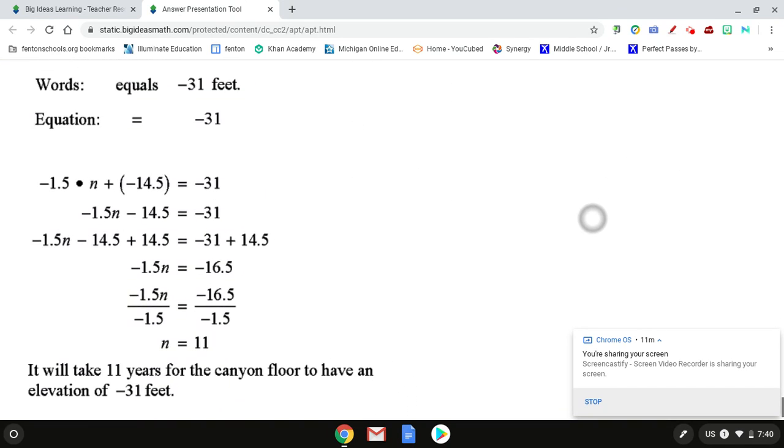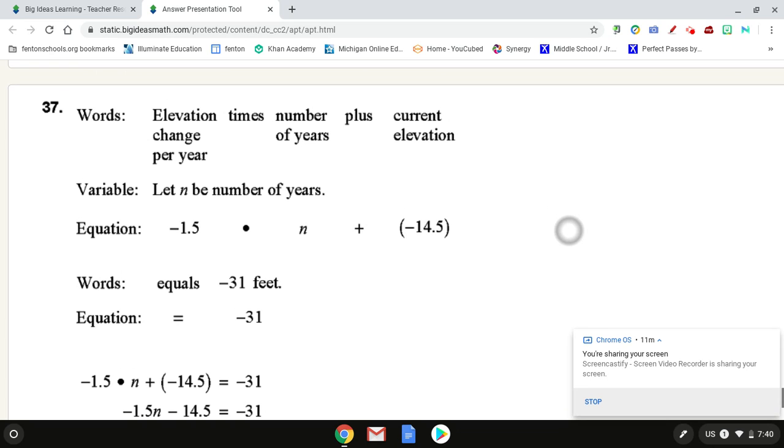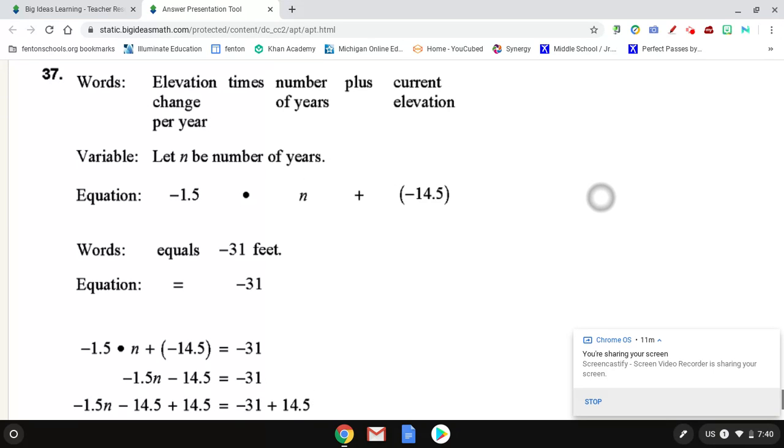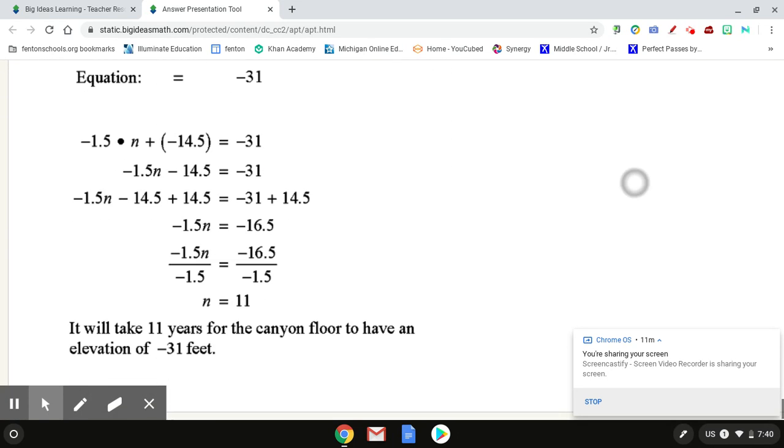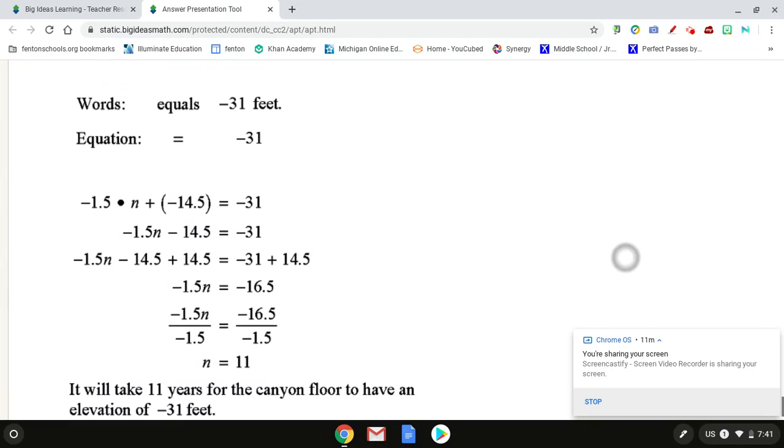So to find out when the elevation will be -31 feet. If you do all the math and solve for n, it will take 11 years for the canyon floor to have an elevation of -31 feet. Okay, and that's relative to sea level, most likely.